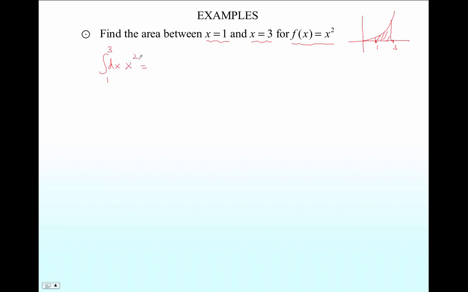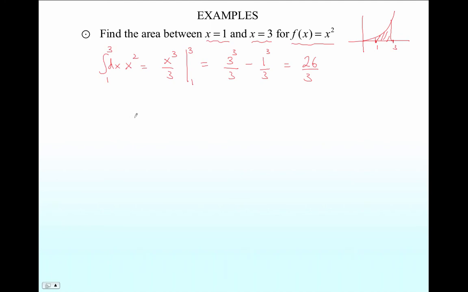And now you know that when you integrate x squared, you get x cubed over 3. Now this has to be found at the value x equals 3, and then at x equals 1, and we subtract the two. The way this is normally written is you write 3 on top, 1 at the bottom, and then this is 3 to the power 3 over 3 minus 1 to the power 3 over 3, and that's 27 minus 1, which is 26, divided by 3.